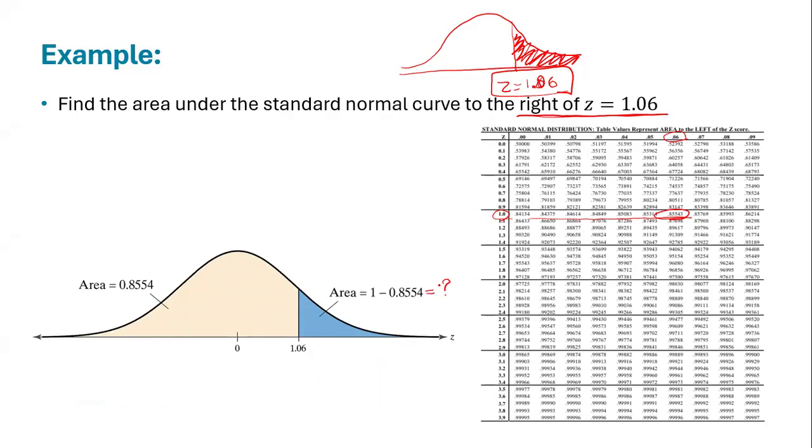That means your answer is 1 minus 0.8554, which is 0.1446. This is your final answer, not the answer from the table.